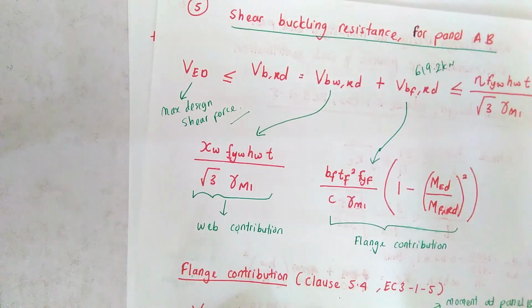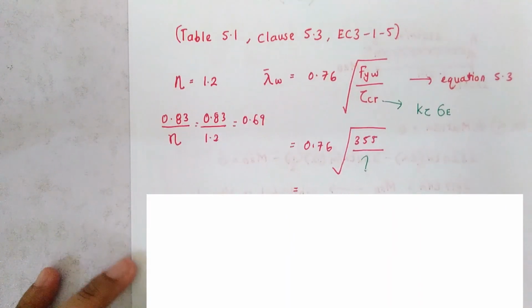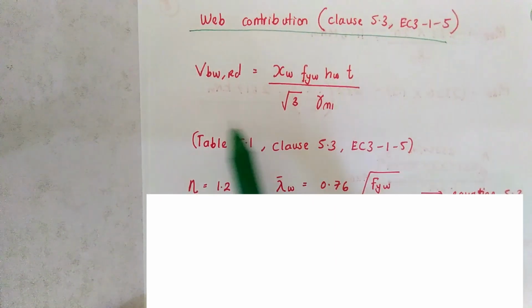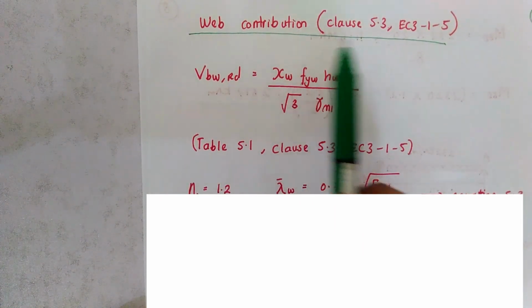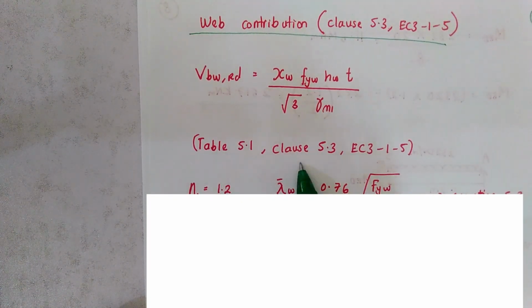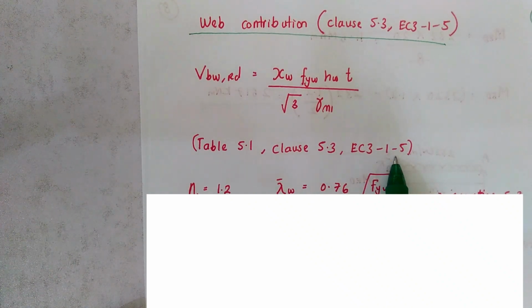Okay, web contributions. To find the web contribution, this is the equation where you can refer to clause 5.3 and table 5.1, clause 5.3, EC3 part 1.5.